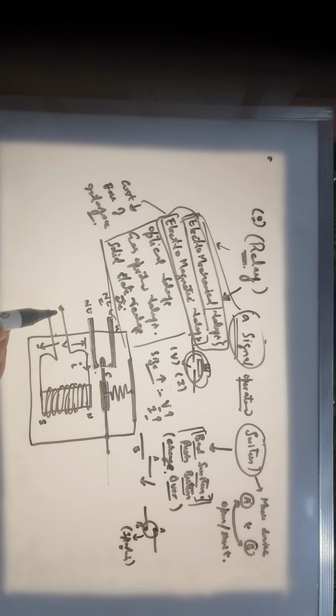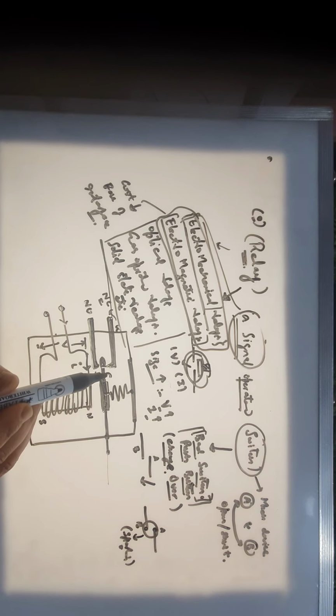And then when we provide the requisite amount of voltage and current to the electromagnet, what will happen, this electromagnet will get this, which is also called a plunger here, like we see in our linear actuator. The difference between the linear actuator and this relay mechanism lies only in the amount of voltage and current that needs to be given.